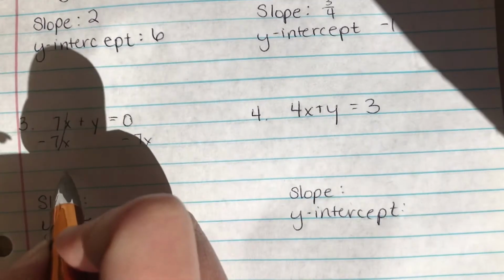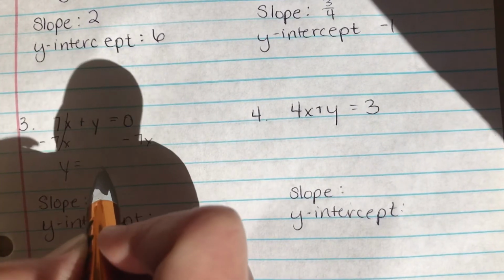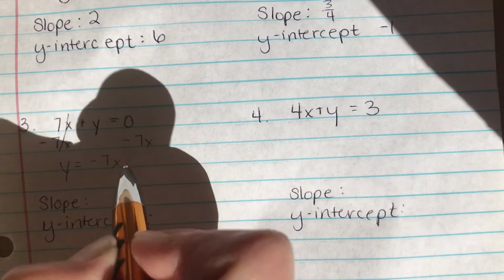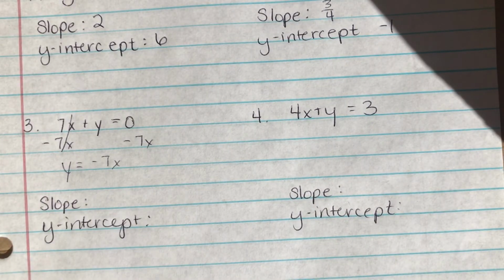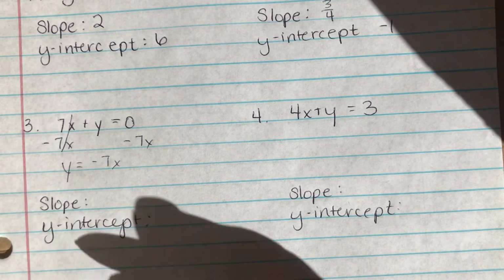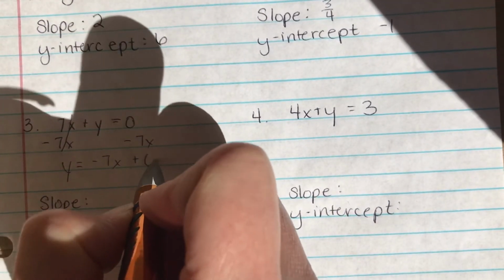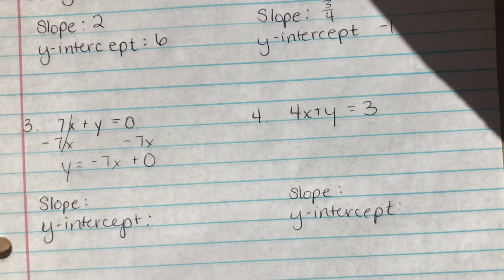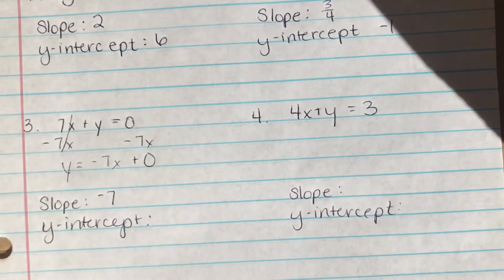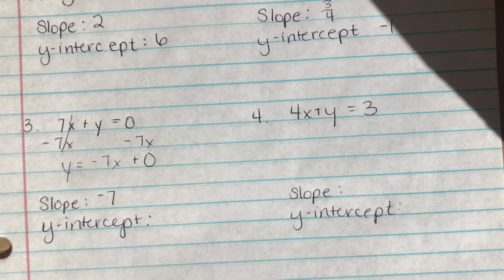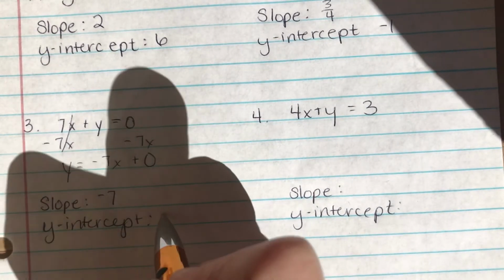Now I'm left with y equals negative 7x. Now you can either leave it this way, or you can put the plus 0 on there. I am fine with either way. Your slope is a negative 7, and your y-intercept is 0.